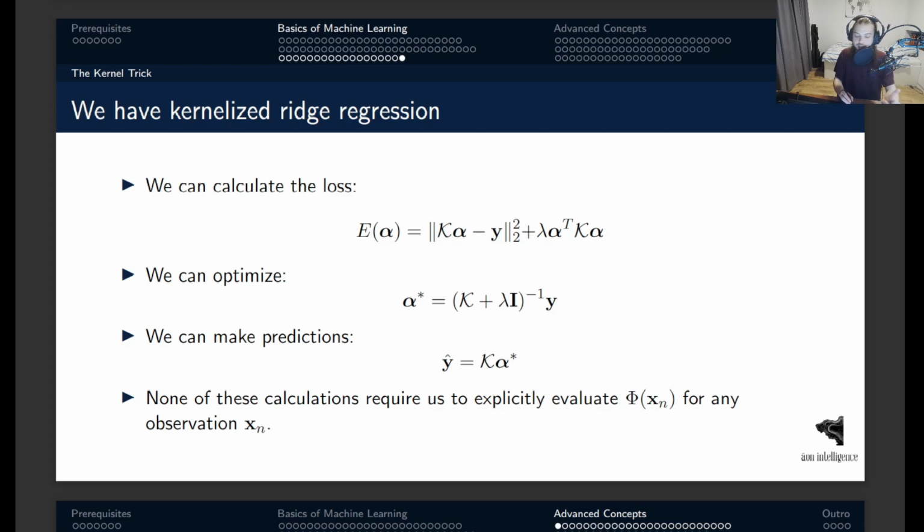And again, this is the kernel trick. None of these calculations require us explicitly to evaluate any feature mapped observation. So anywhere where there are feature mapped observations, we have this kernel matrix instead, for which we have the evaluated kernel functions as entries, which are computationally cheaper to evaluate than the inner product of two feature mapped observations. And this is the kernel trick.